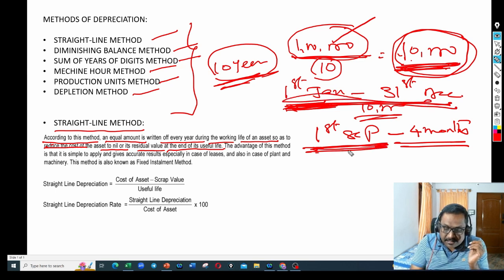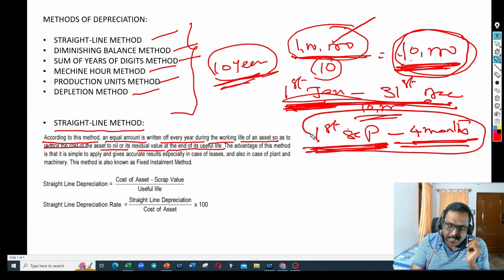But in this case, you purchased this asset on 1st September. September, October, November, December. So this accounting year, you used this asset for only 4 months. That is the reason, in this example, I can calculate depreciation only for 4 months.